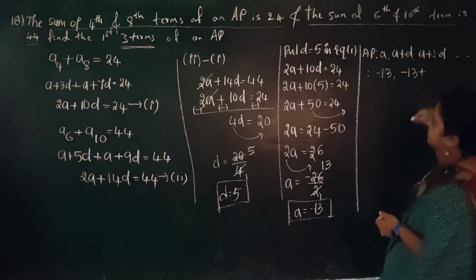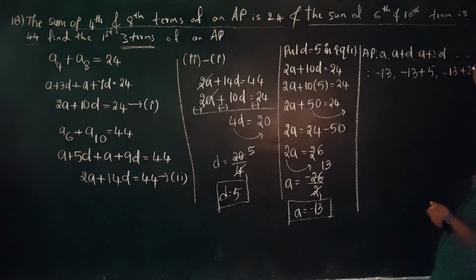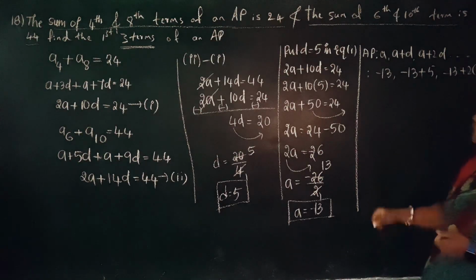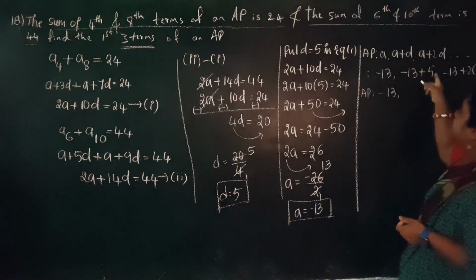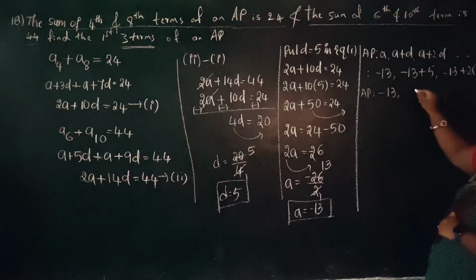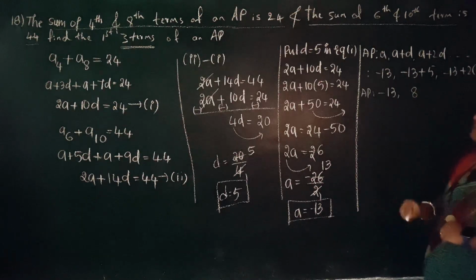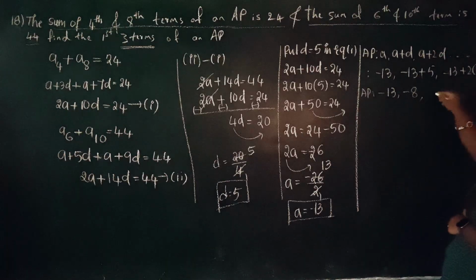Minus 13 plus D, which is 5. Next, minus 13 plus 2 into 5. Minus 13 plus 5 is how much, dear? Bigger number minus smaller number. 13 minus 5 is 8. And what is the sign of the bigger number? Minus 8, isn't it?